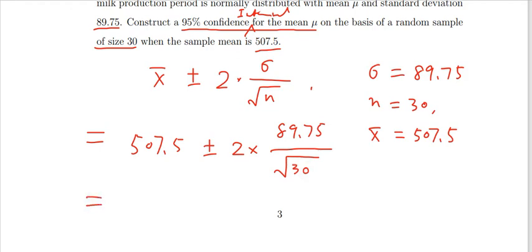The lower bound is minus, the upper bound is plus. If we use a computer, you can use Excel, and really quickly you can find them.